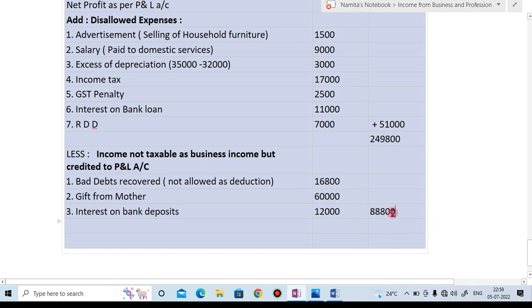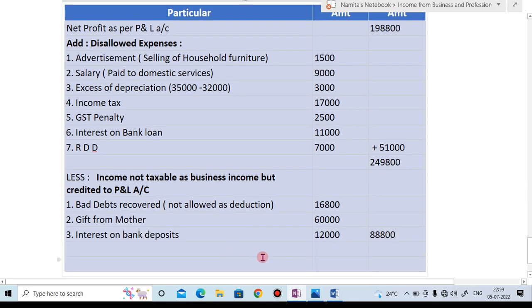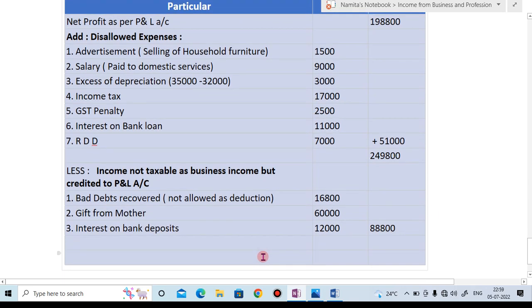So the total of these three incomes, that is bad debts recovered, gift from mother, interest on bank deposit, is 88,800. Clear?